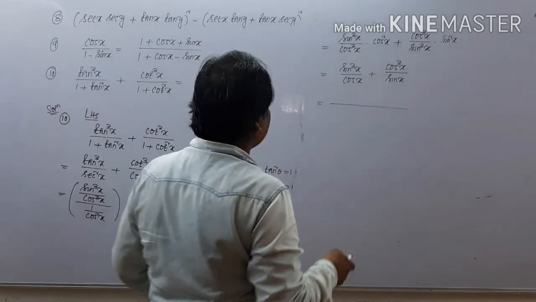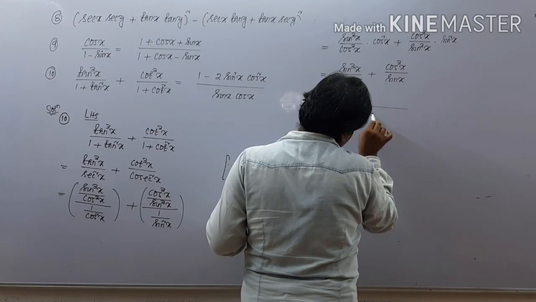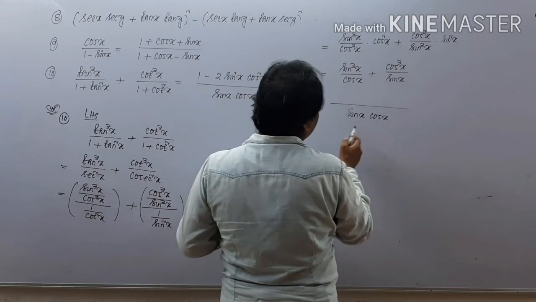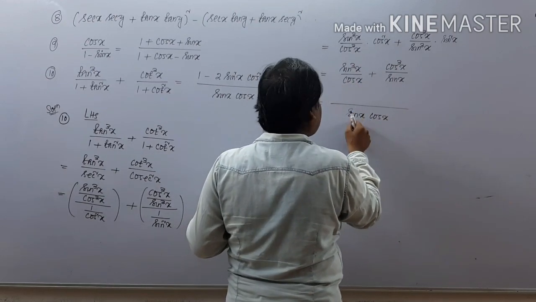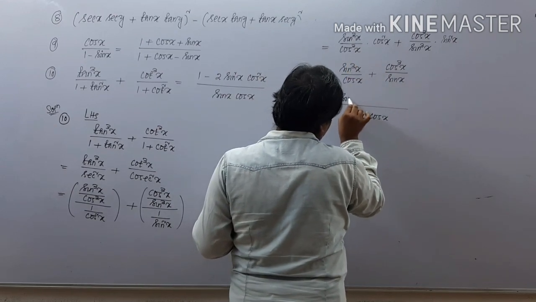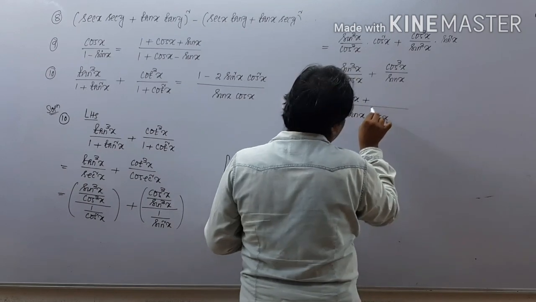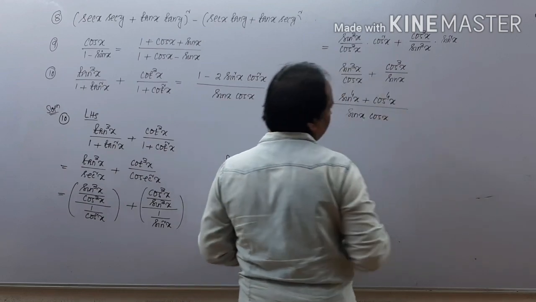So what is the LCM here? LCM is sin x into cos x, right? So clearly we will divide this one by cos x, so we will get sin x, and that sin x multiplied to the numerator, that is sin 4th x plus this will be cos 4th x, right?